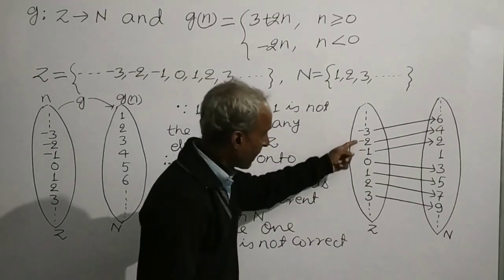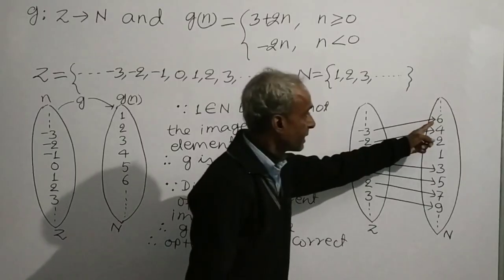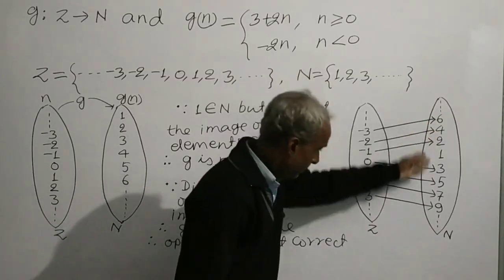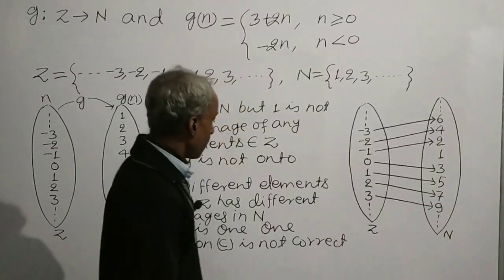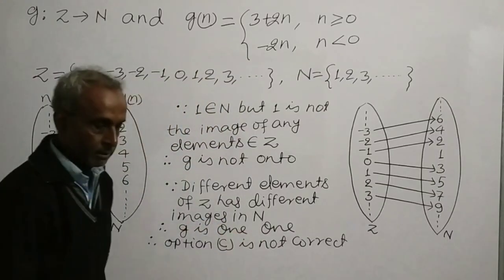Since different elements of this set have different images in this set everywhere, therefore this function is 1-1.